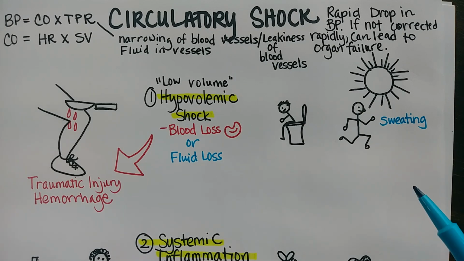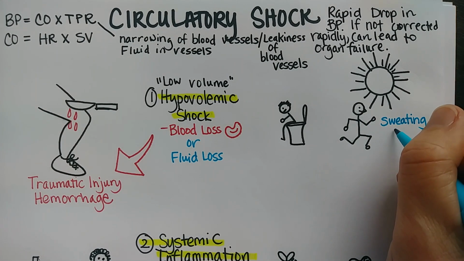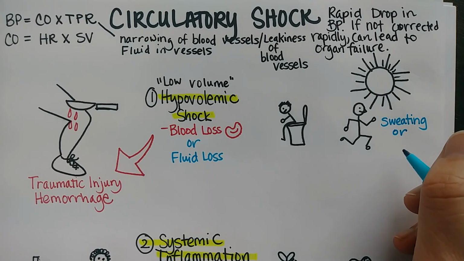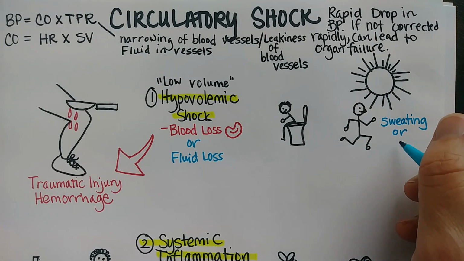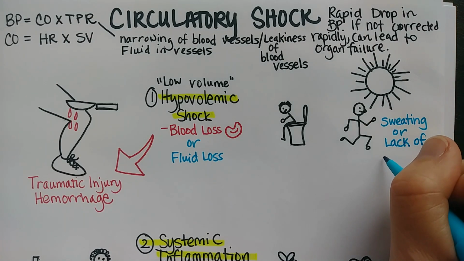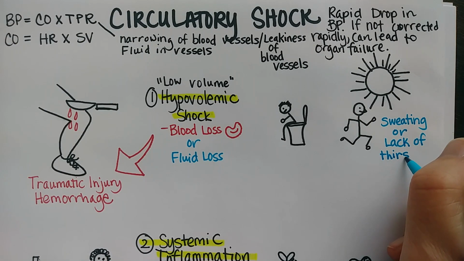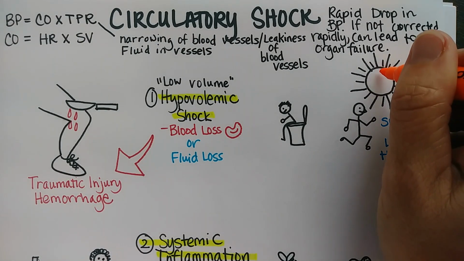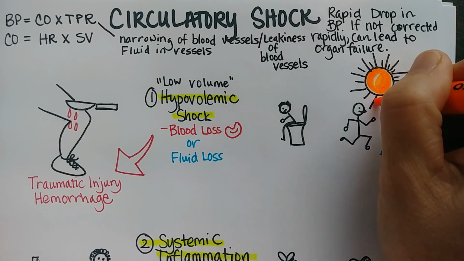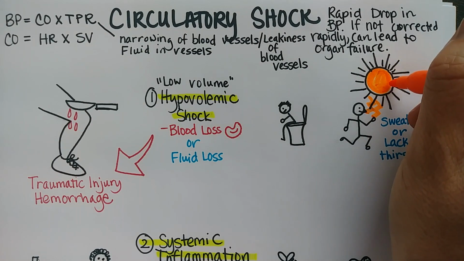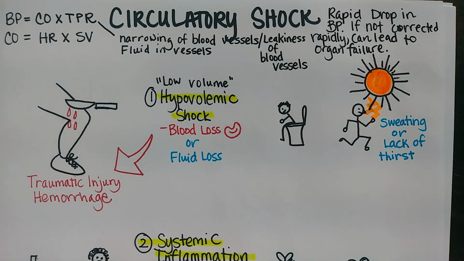Or we can also see this with elderly people where they just no longer have that drive to drink anymore. Their hypothalamus is not communicating that to them. So in nursing homes, it could be lack of thirst, so they're no longer taking care of their basic water needs. So we can put a sun up here, but in a typical healthcare setting, it's more likely to be an elderly person that is just no longer drinking the way they should.